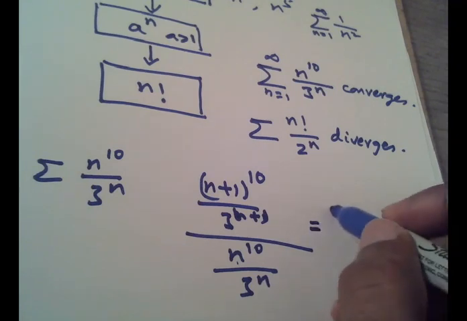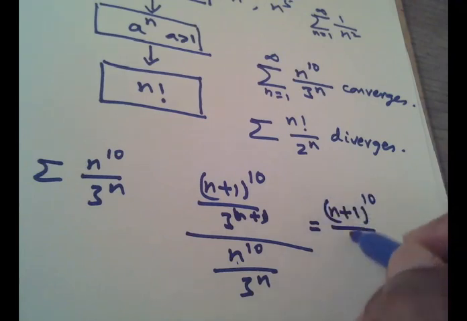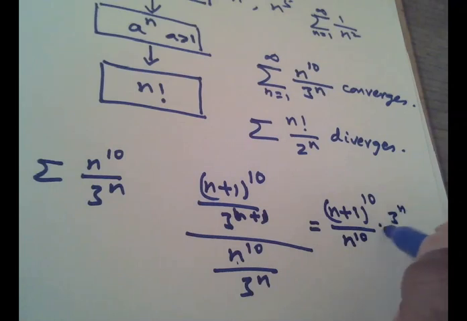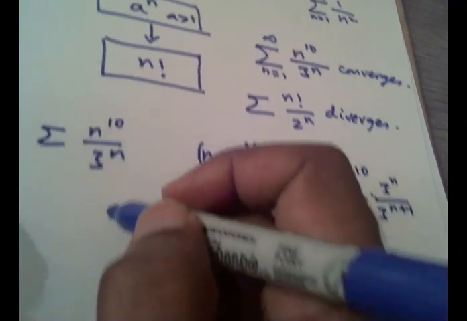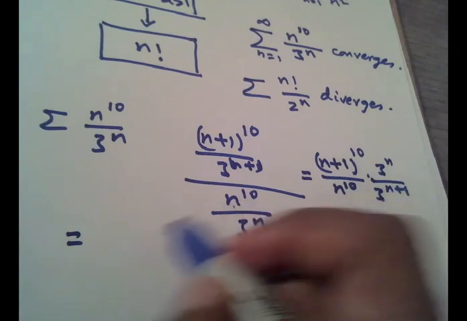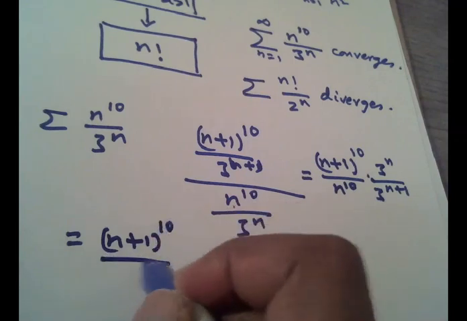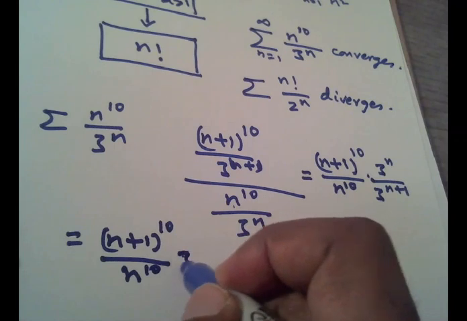So in this case, you would have n plus 1 to the power of 10 divided by n to the power of 10, times 3 to the power of n divided by 3 to the power of n plus 1. So here 3 to the power of n and 3 to the power of n you can cancel out. So you would be left with n plus 1 to the power of 10 divided by n to the power of 10 times 3.